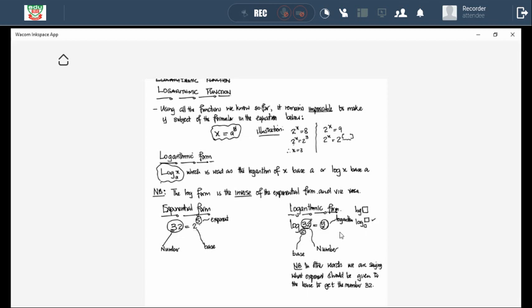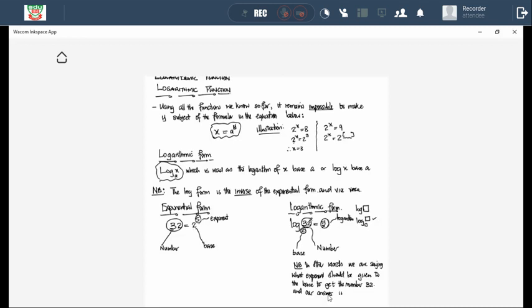What exponent to get our number, which is 32? And our answer is 5.